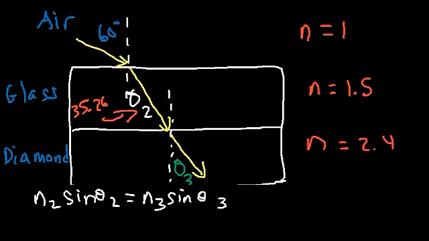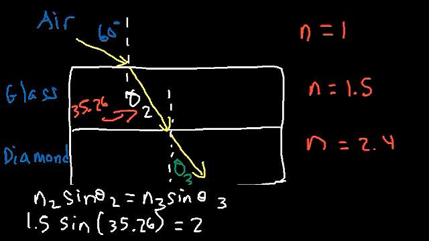So the second index of refraction for glass is 1.5 times sine theta 2, which is 35.26, and that's equal to n3, which is 2.4 times sine theta 3. So sine theta 3 is going to be 1.5 times sine 35.26 divided by 2.4.